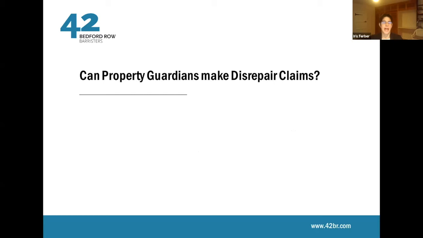Disrepair claims. I know from my own casework that this is something that comes up a lot. Why does it come up? Well, of course, the reason why the guardian is in the building is very often because the building is in a poor state, and there is a risk that because it's empty and in a poor state, it'll get squatted.